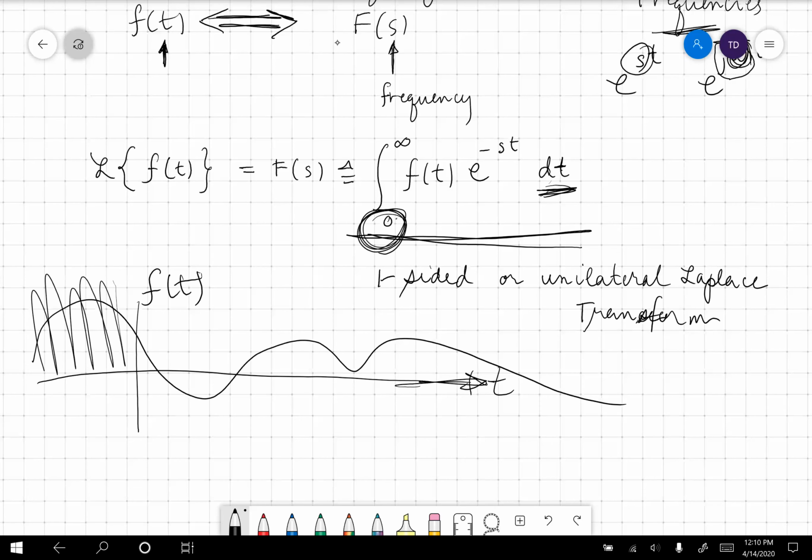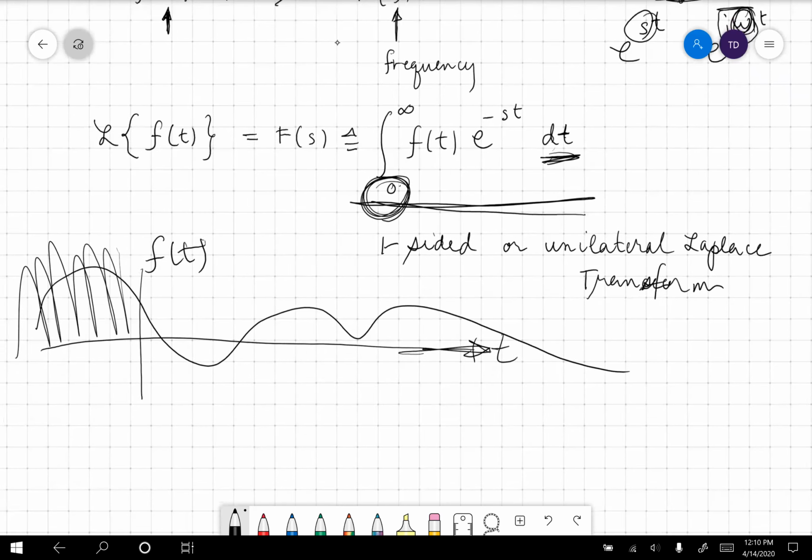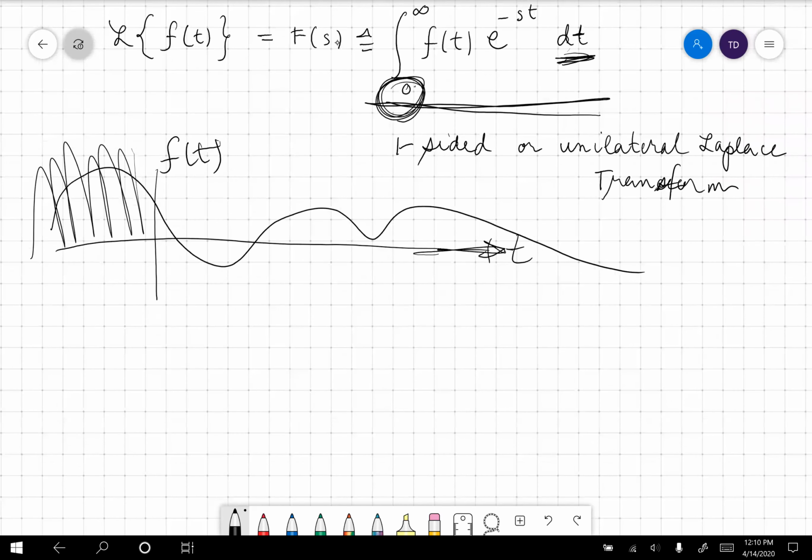So we discard all of this. We don't even look at it. We don't look at what we have prior to t equals 0. We've talked about this 100 times. We'll decide when we start a circuit, we'll call that t equals 0. And so we don't care about what happened prior to that time. There is very important information contained over here. We're just not going to use it in this course.